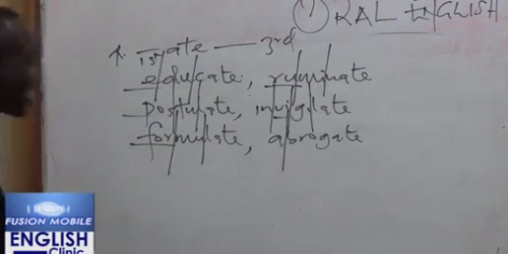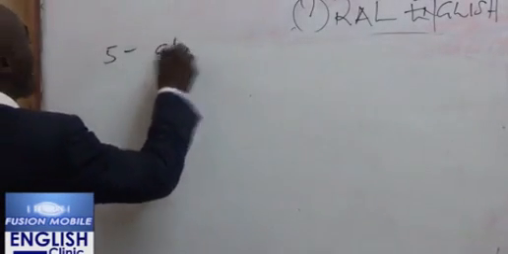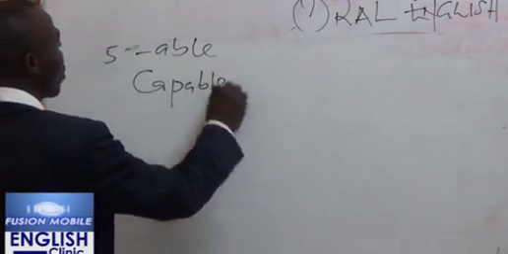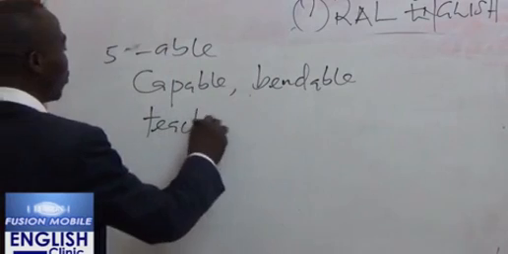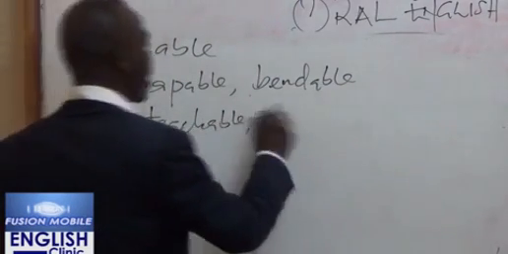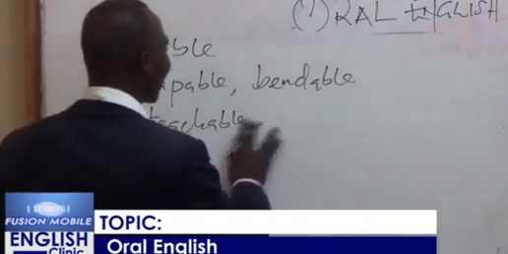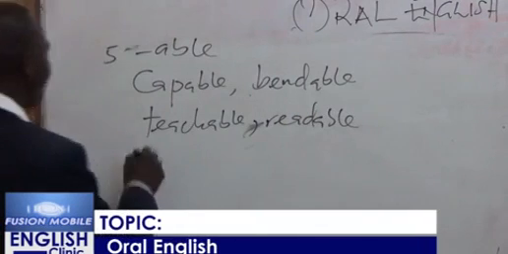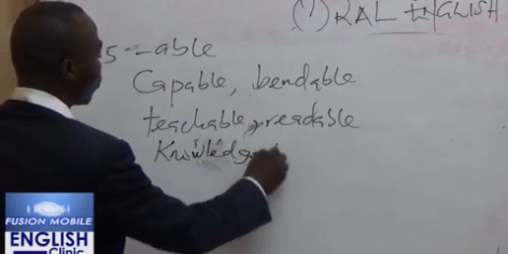Now we look at some other examples. Let's consider words ending with the suffix able, for example capable, bendable, teachable, readable, something that is readable, and words like knowledgeable, and so on and so forth.